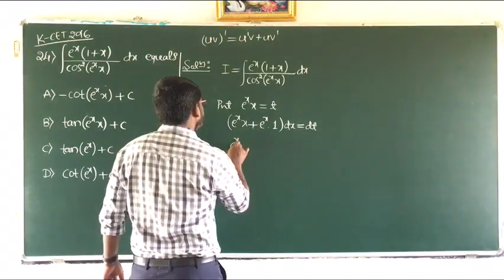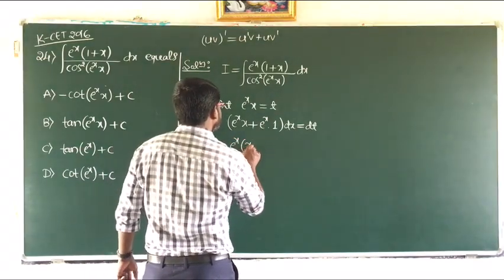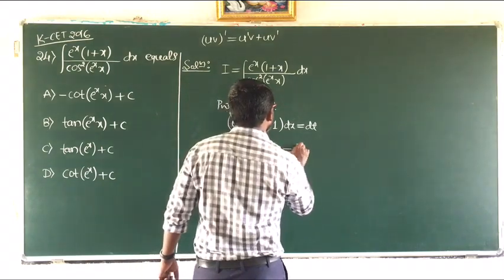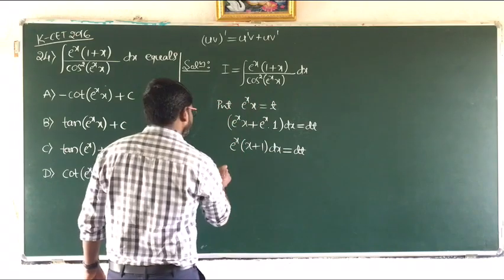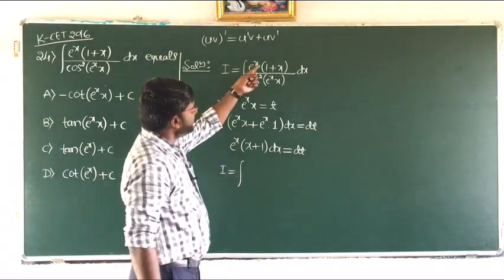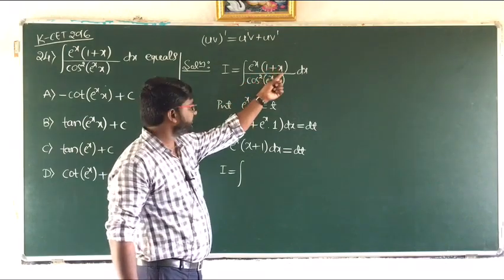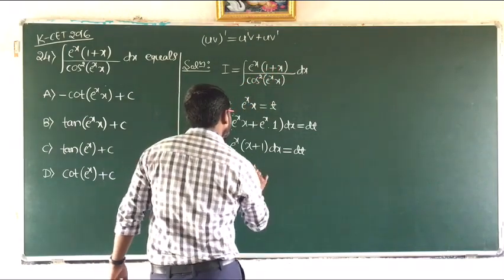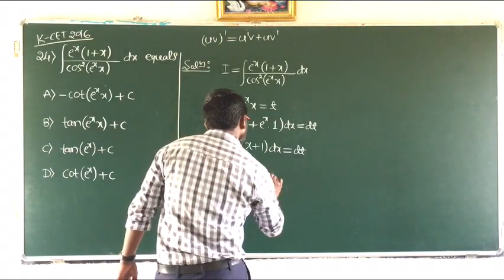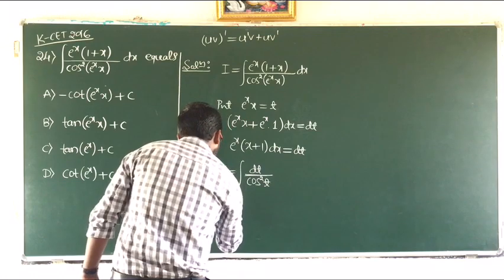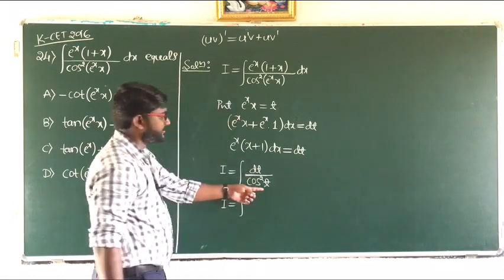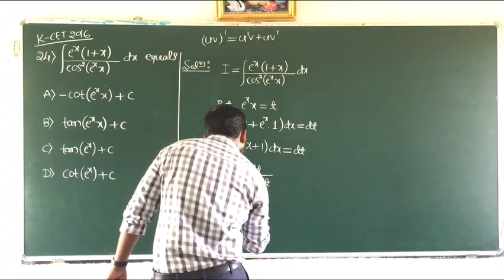So e raised to x, if we take common, we get x plus 1 dx, which is equals to dt. Rewrite the integral I, which is equals to integral e raised to x into 1 plus x or x plus 1, both are same, dx equal to dt divided by cos square t. So now I, which is equals to integral reciprocal of cos square t will be secant square t dt.